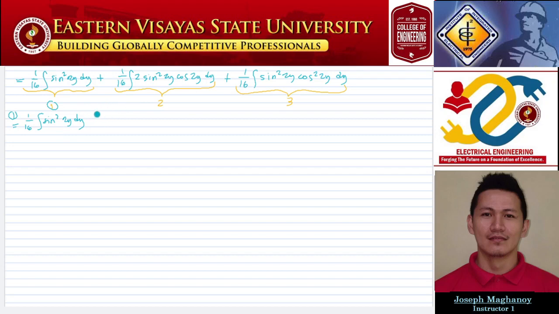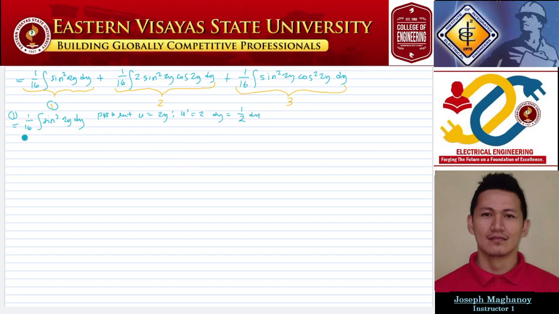So if we apply our property number 3, our correction factor, if we let u equal to 2y, therefore our first derivative is 2. Therefore dy is equal to 1/2 du.